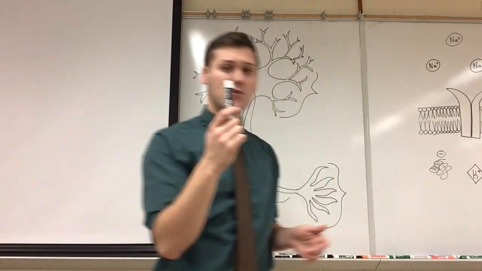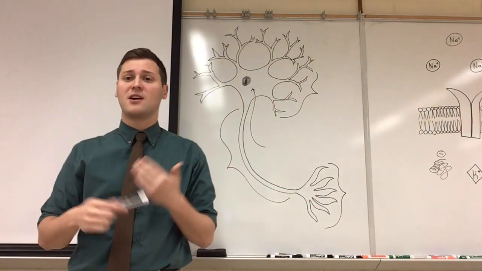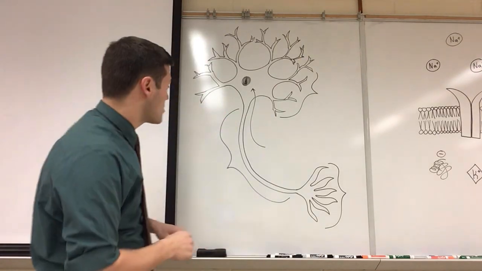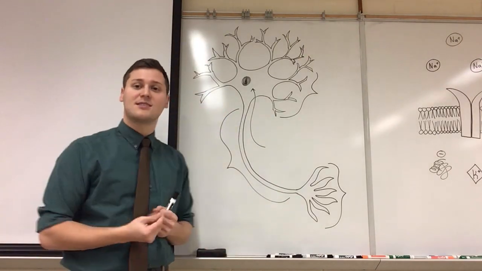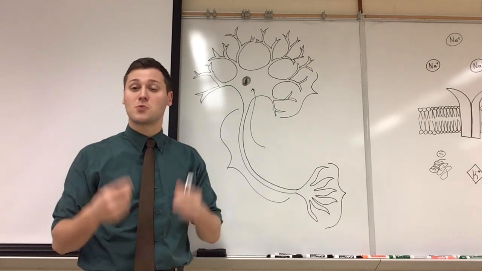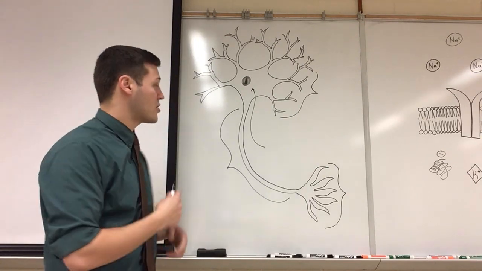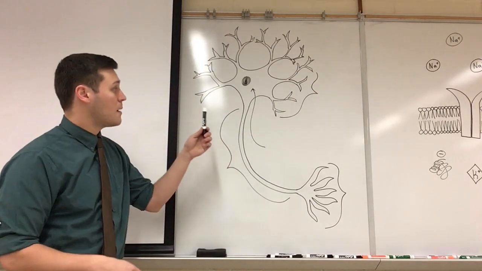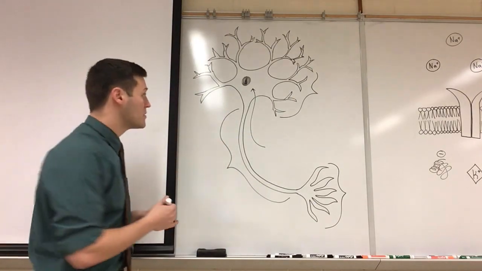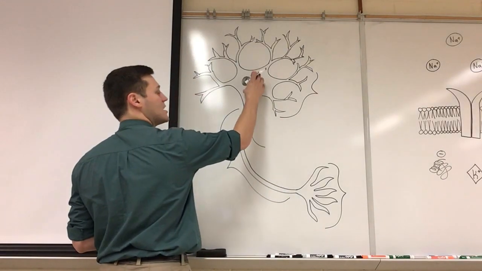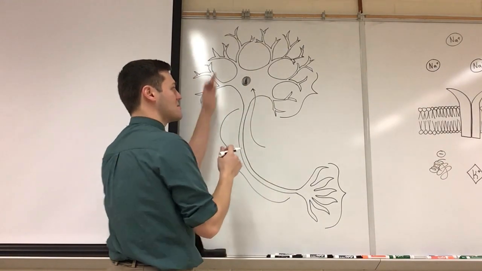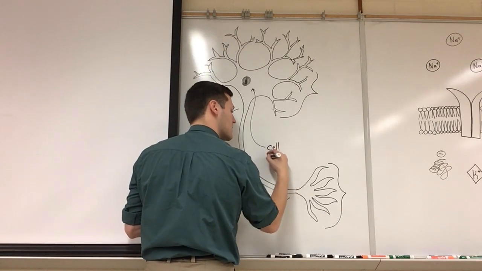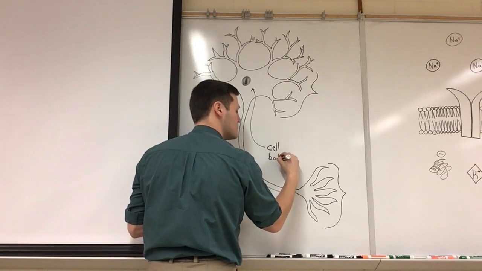So first off, I want to discuss a little bit of neuron anatomy before we get into action potentials. So again, neurons help us feel things, they help us conduct electrical signals throughout our bodies. They're among the largest cells in our bodies, and they have a couple parts that you should know. For starters, the central part that has the nucleus, that is called the cell body.